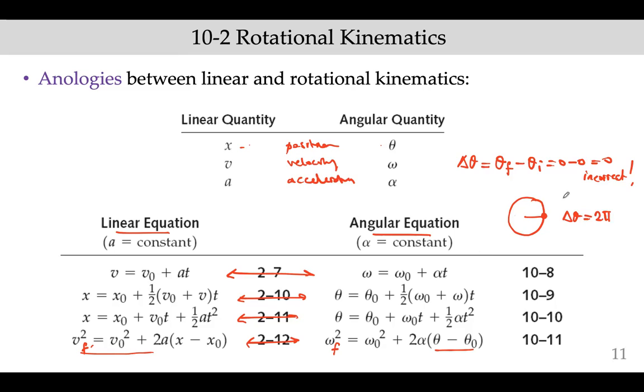Or if it makes 2 full rotations, then the correct answer is 4 pi. If it makes half a rotation, the correct answer is pi. So just be careful. If it makes a rotation of more than 2 pi, these don't necessarily mean the final and initial angle, but you have to consider the total change, which can be more than 2 pi.